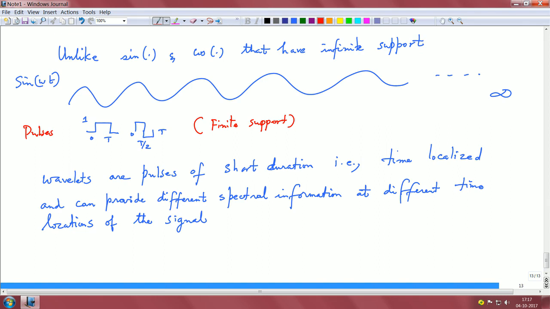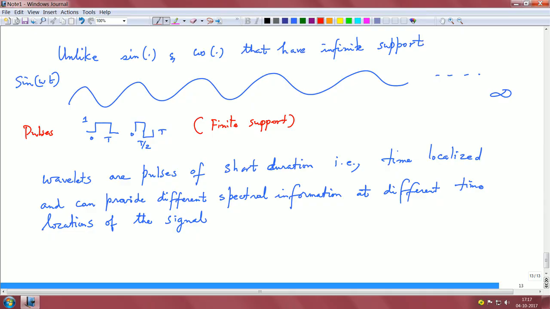So, now the concept is very clear to us. We need different resolution at different scales, and we want the signal to be expanded using a set of basis functions that have finite support, whose widths are different across different scales, right, and they have to be providing some time localization property such that you can get different spectral information at different times.